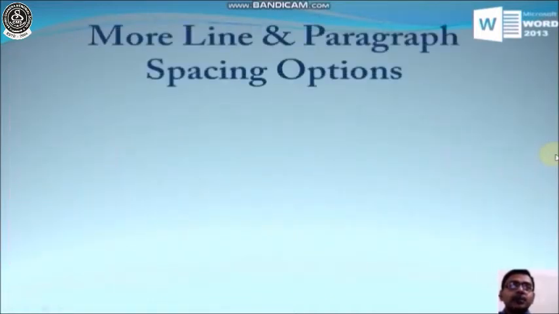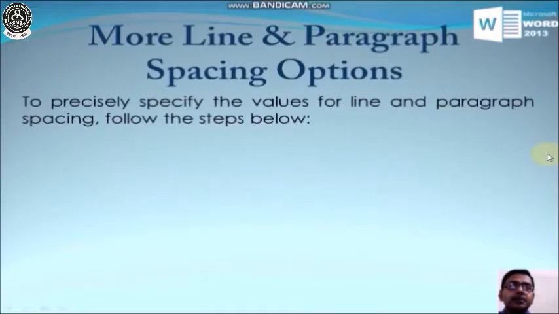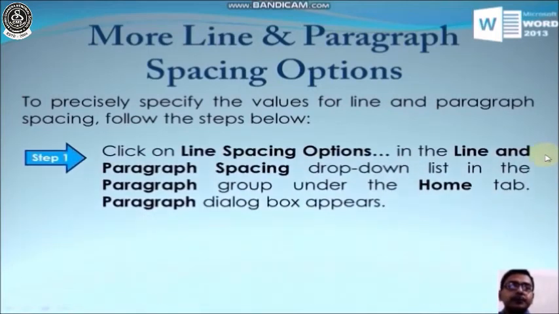There are also some more line and paragraph spacing options. Let us see. To precisely specify the values for line and paragraph spacing, follow the steps below. Step number 1, click on the line spacing options in the line and paragraph spacing drop down list in the paragraph group under the Home tab.